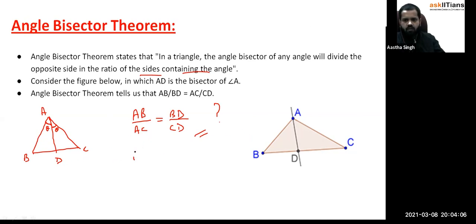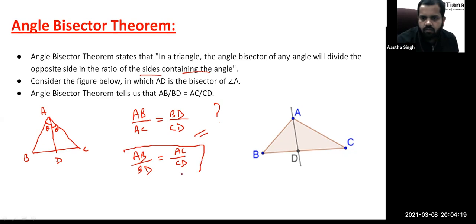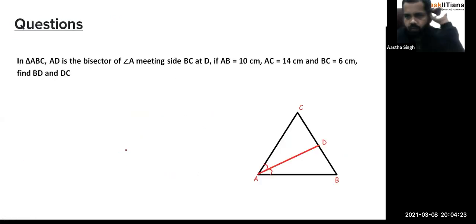Okay, so AB upon BD will be equal to AC upon CD also. Just cross multiply here. We'll do a question, then I will clear the concept.